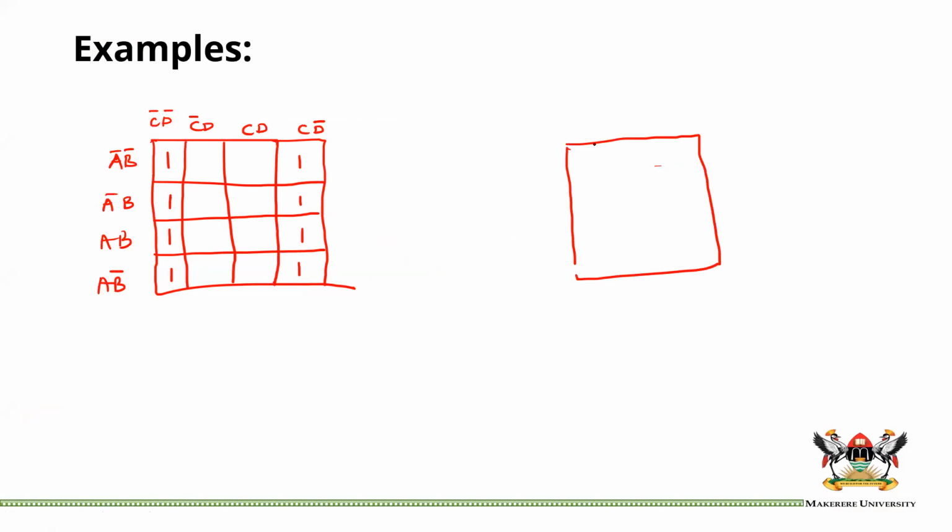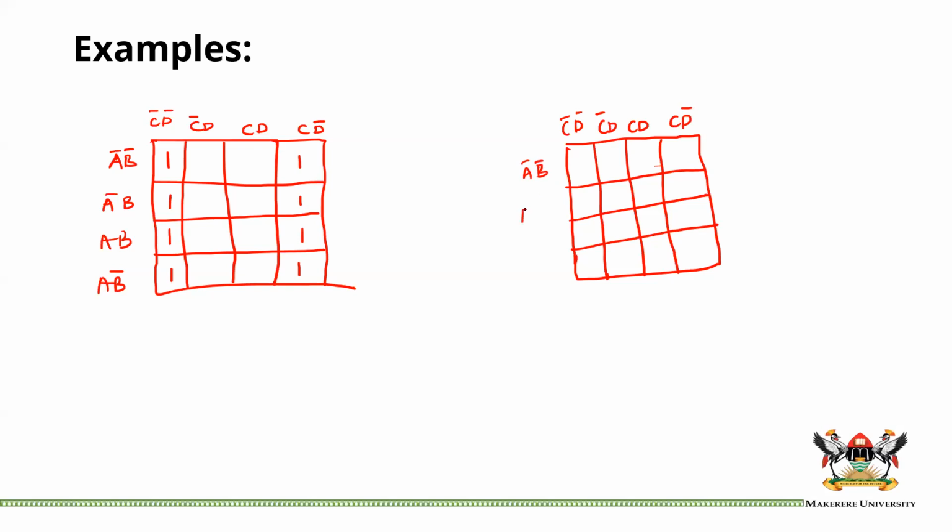These are all just examples. I have twelve ones, and the rest are zeros.